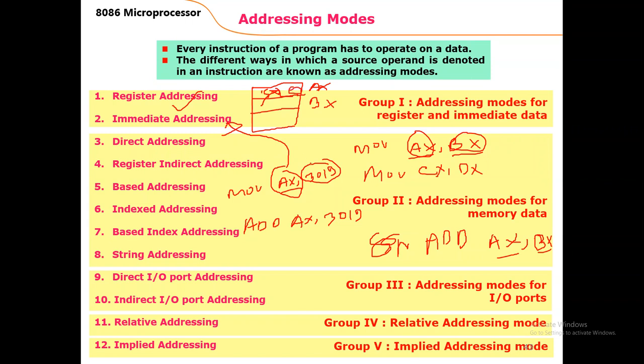So 1520 and 3019, these two are added. Clear? This part is visible and this part is not visible. This is the register data, and this is the input data. Okay. Clear? So this is called immediate addressing. Both are examples of immediate addressing. Clear?